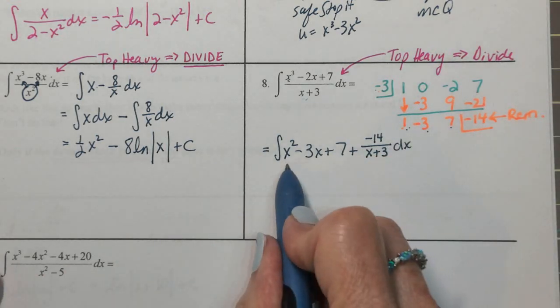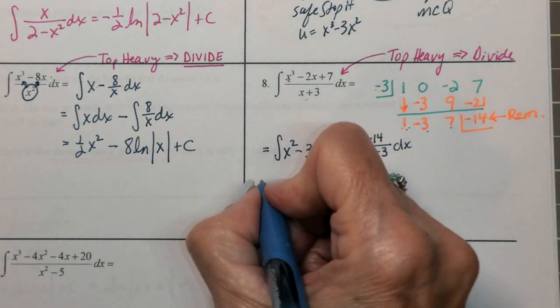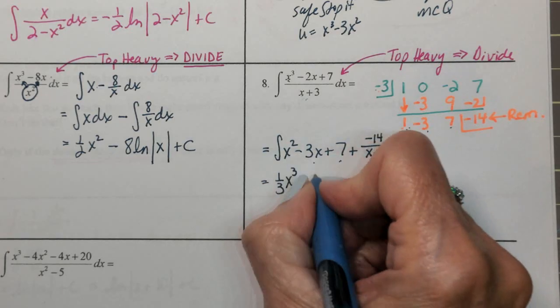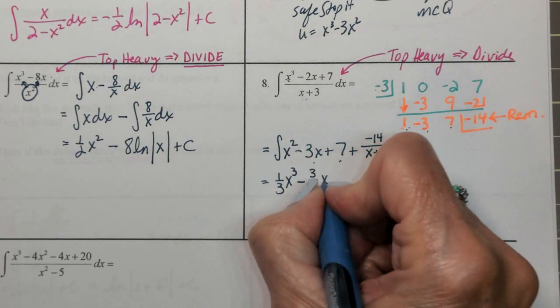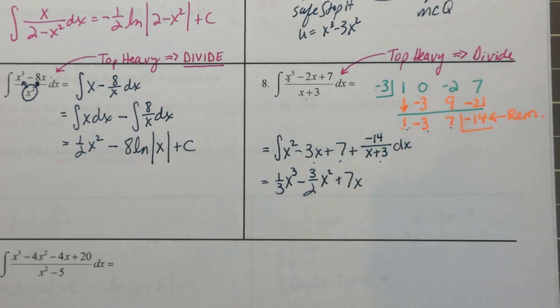Now we're going to go piece by piece and integrate each piece. So 1/3 x cubed minus 3/2 x squared plus 7x.